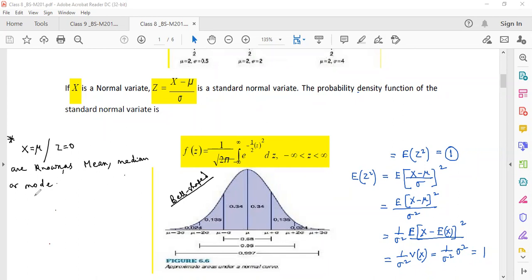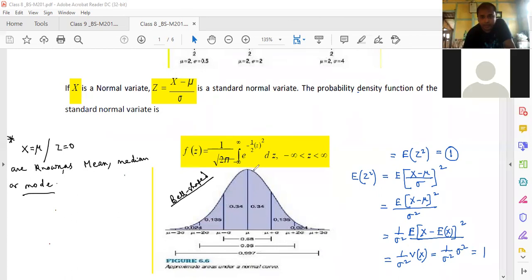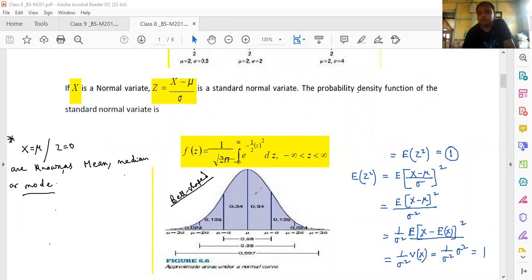And why is it mode? Mode is the point which is associated to the highest frequency. The peak point appears over here, and therefore the point at which the frequency or the probability is maximum is called the mode of the distribution.